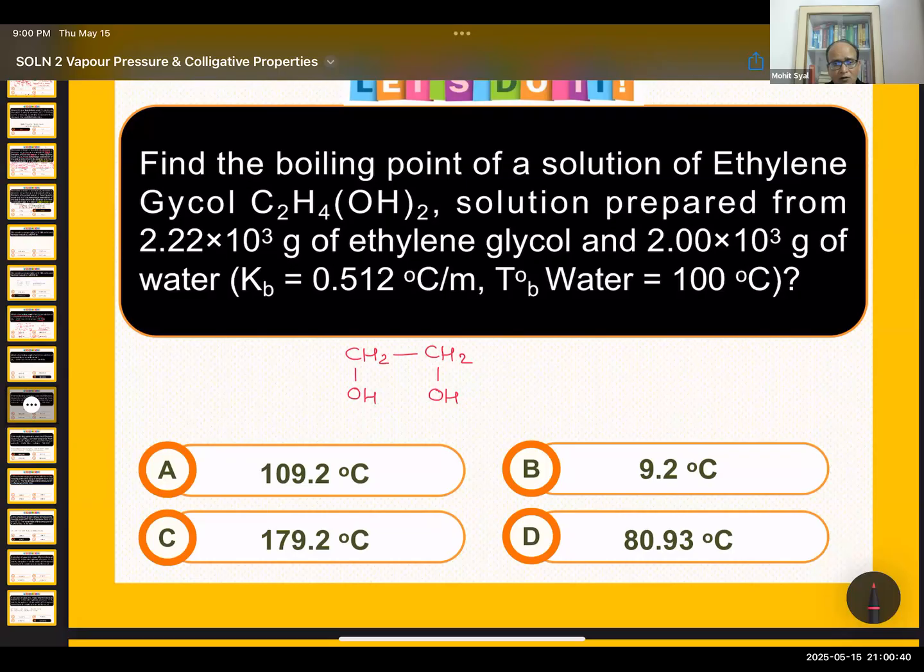Ethylene glycol means two OH groups connected on adjacent carbon atoms. There is one very famous theoretical question about ethylene glycol, and that says: why is ethylene glycol added to car radiators in cold countries?